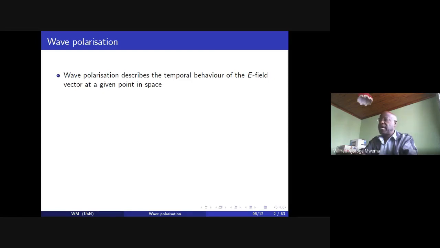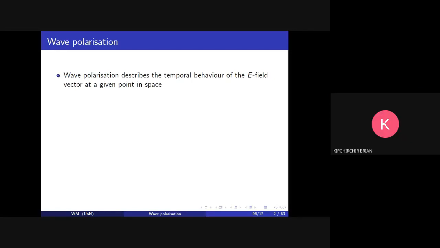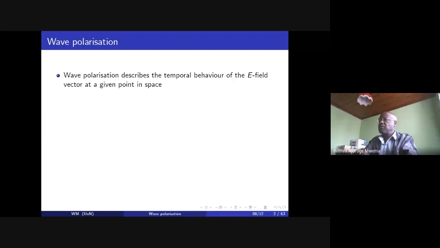That is, if you are standing somewhere by the side and you are looking at the wave as it's propagating away from you or towards you, how would the E vector be behaving in space? The general case is where it will be describing an ellipse in space for this plane wave.